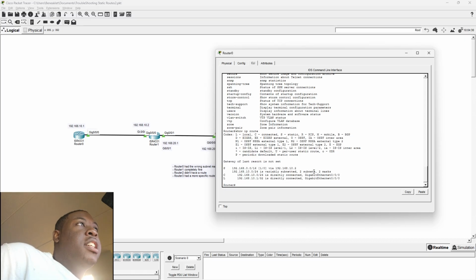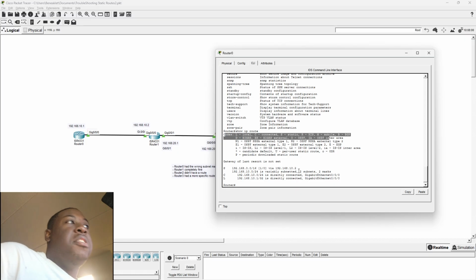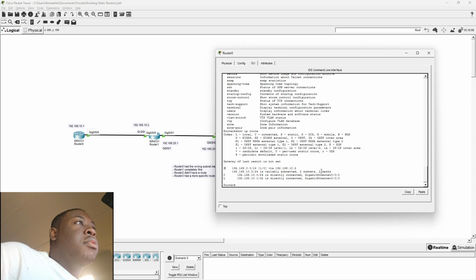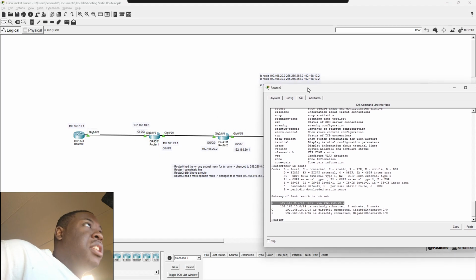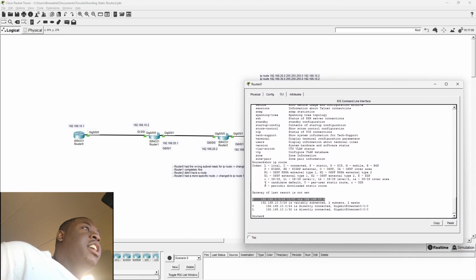It shows you everything. The codes here tell you what each entry means. So this is the static route we created or corrected on router 0. Router 0 already had one, we just corrected it. Every single one of them has its code.